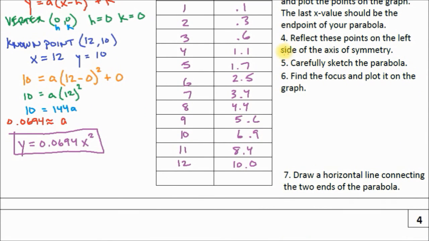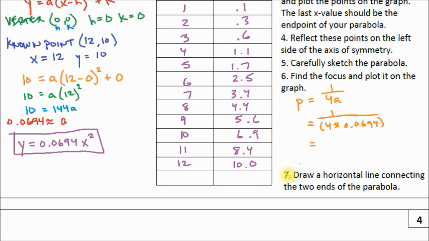Okay, now the next step is number 6. Find the focus and plot it on the graph. Well, we know that we can find the focus by finding the p-value. And we know that the p-value is equal to 1 over 4 times a. So it's 1 over 4 times 0.0694.